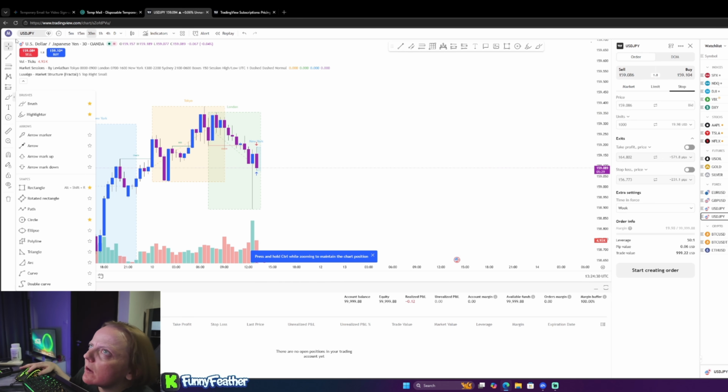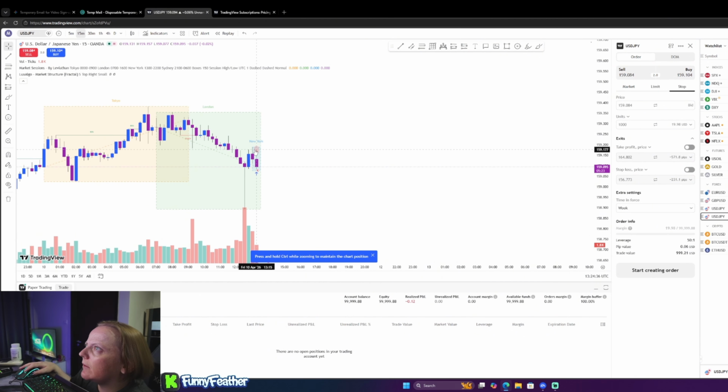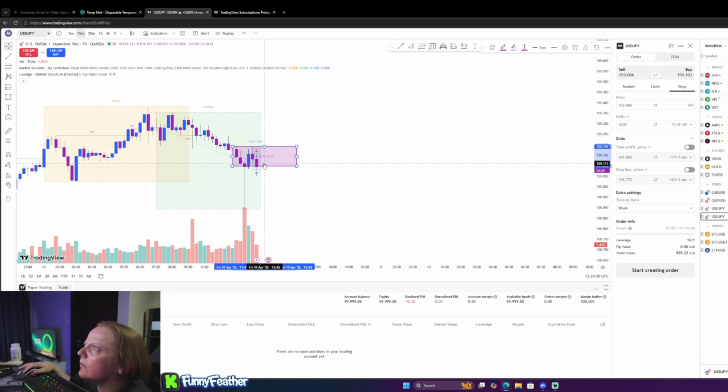All right, so basically, let us go. We can see here, for the ORB, 15 minutes. For the USDJPY, we take the square box. Normally I like to make it bigger.